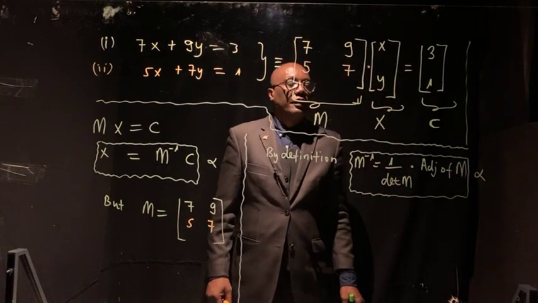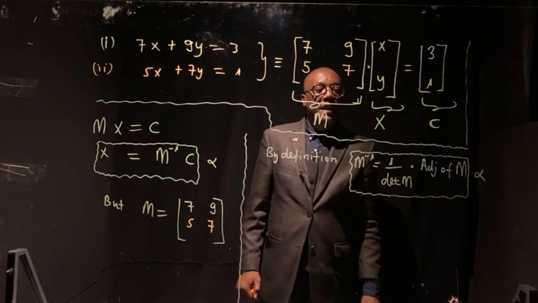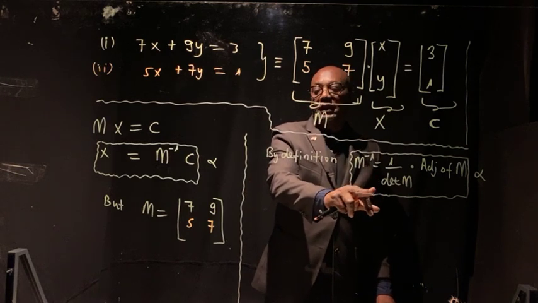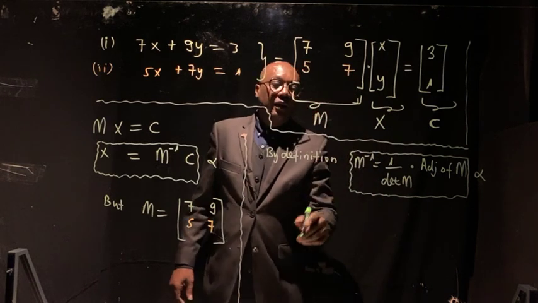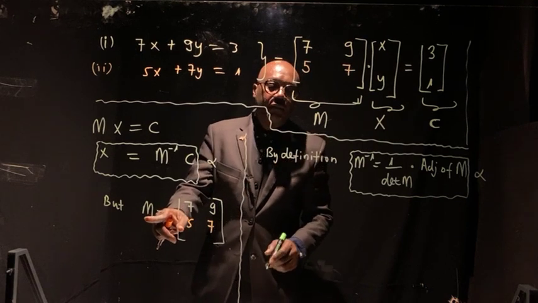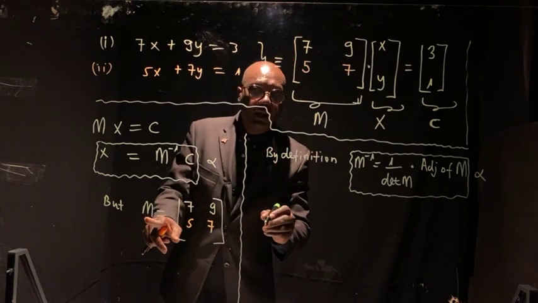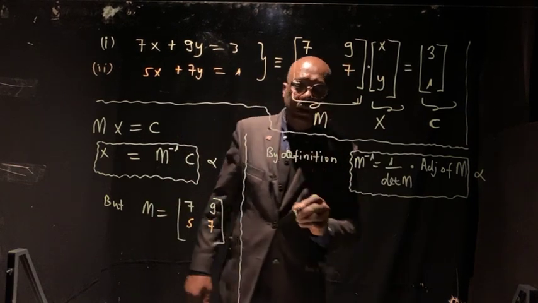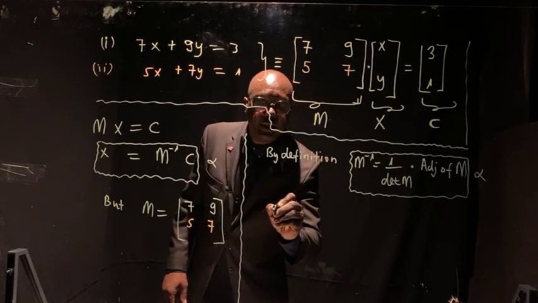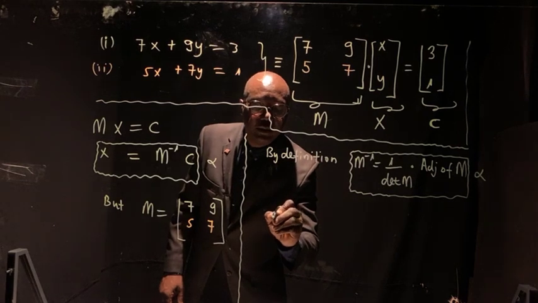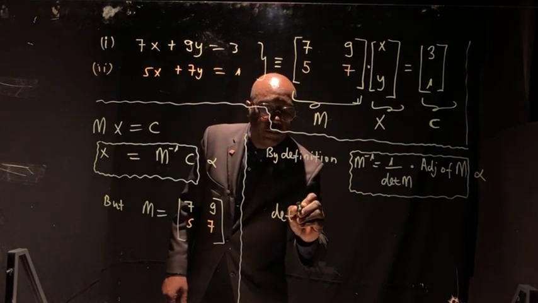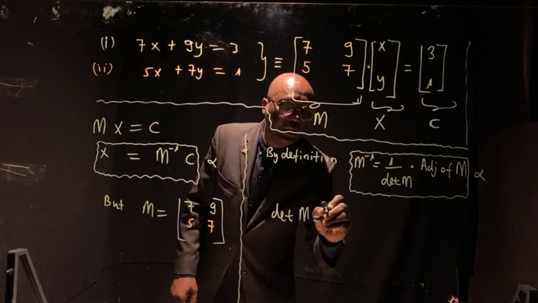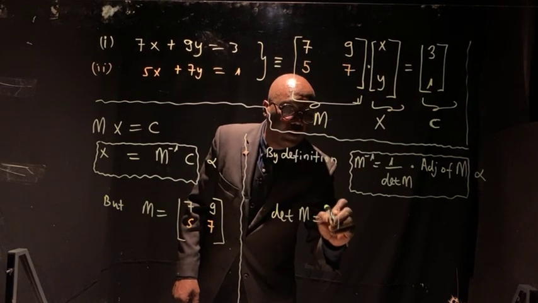Very good. Then what is the determinant of M? If you have a matrix M and you want to find the determinant of M, it is sometimes denoted by this.